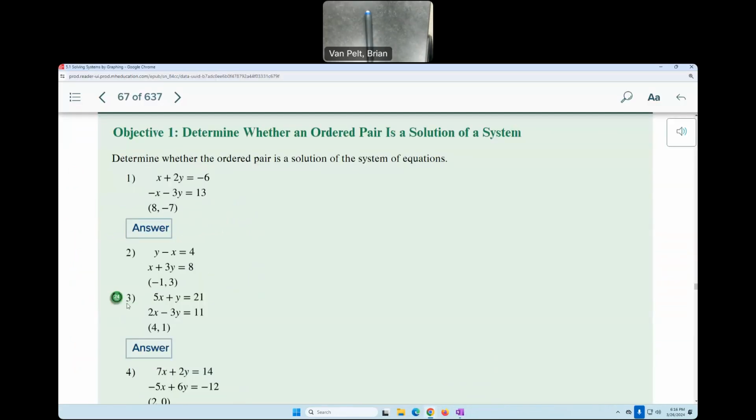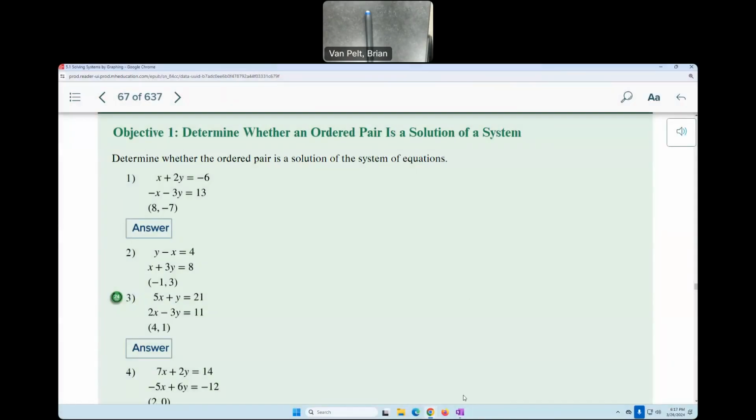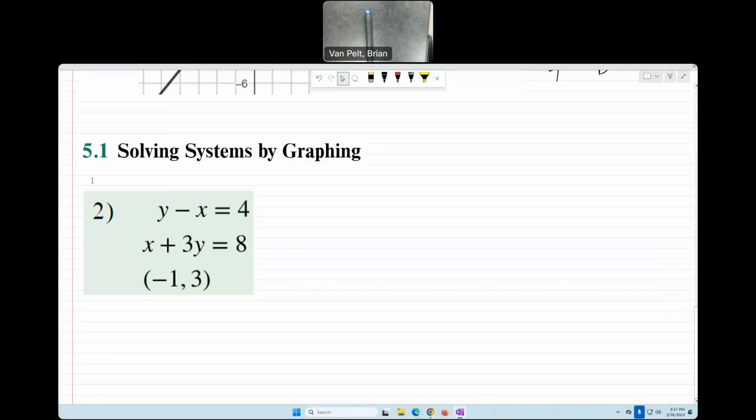This is: determine whether the ordered pair is a solution to the system of equations. Let's talk about what all this means.